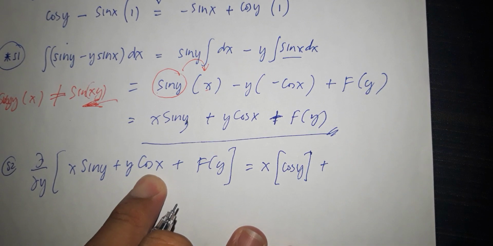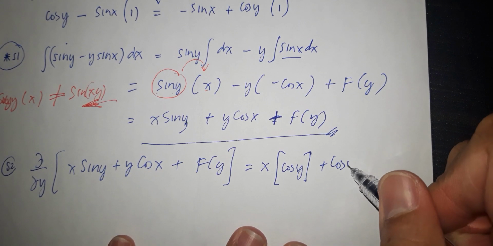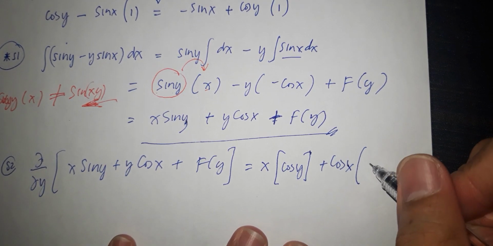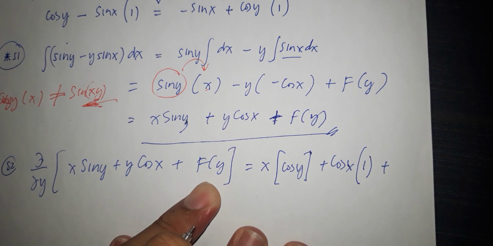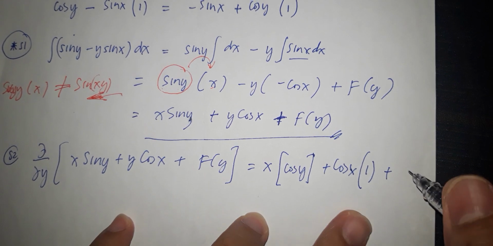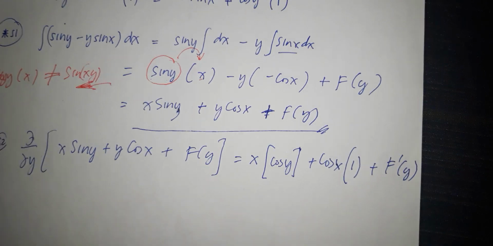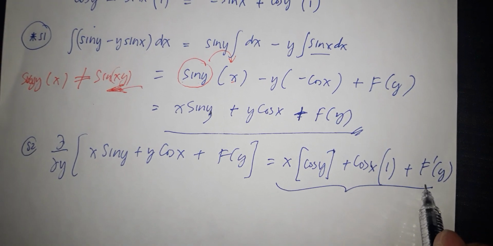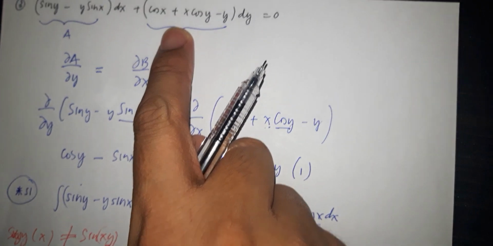Plus, cos x is constant, so put that outside, cos x, multiplied by the derivative of y with respect to y, which is 1. Plus the derivative of f of y with respect to y is f prime of y. Having that as our result, we need to equate this with our B.